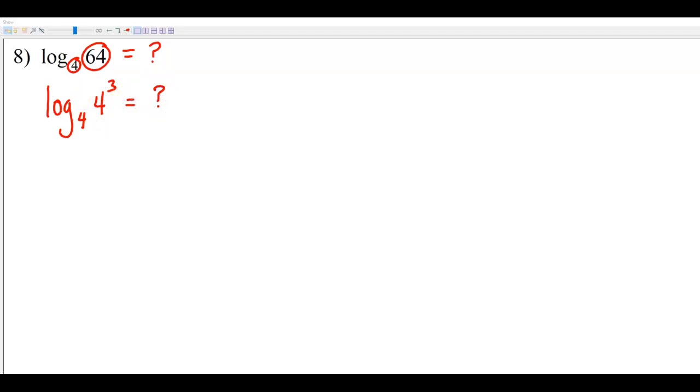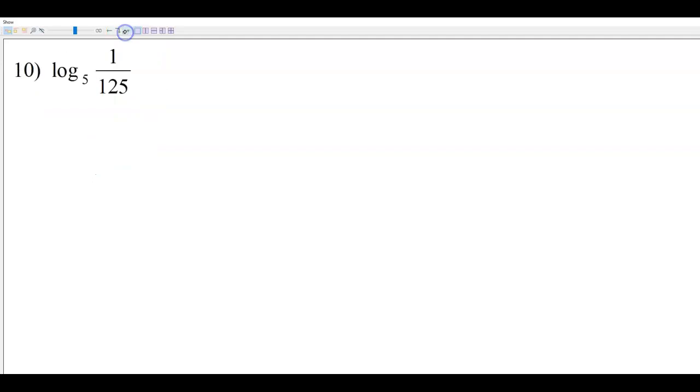And then we have a property that says when you have log of a number that matches the base like that, then basically these things can, in a way, cancel each other out, and there's your answer. So the answer is 3. Okay. Let's go ahead and take a look at number 10 here.